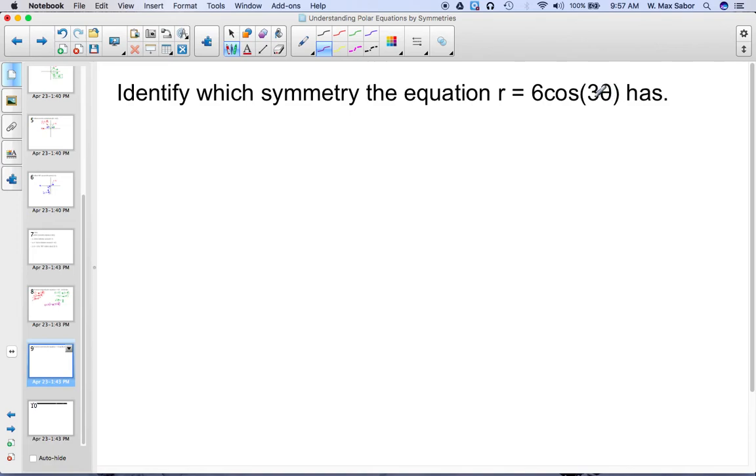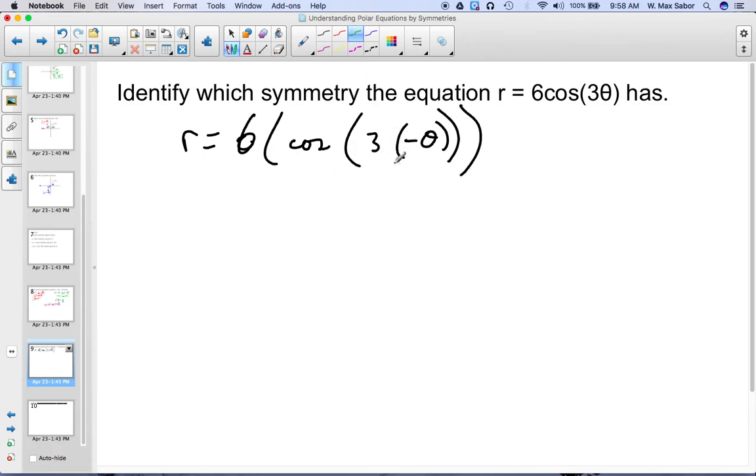What type of symmetry does this have? Well, when we replace this with negative theta, cosine of 3 times negative theta, 3 times negative theta is negative 3 theta. And when you take the cosine of a negative angle, it gives you back the same thing.